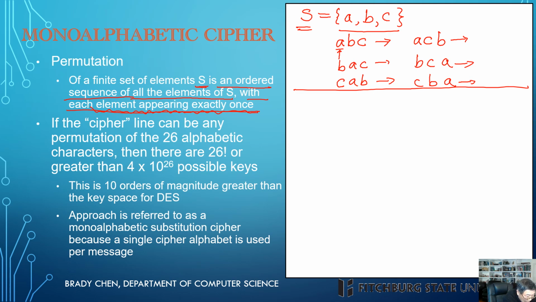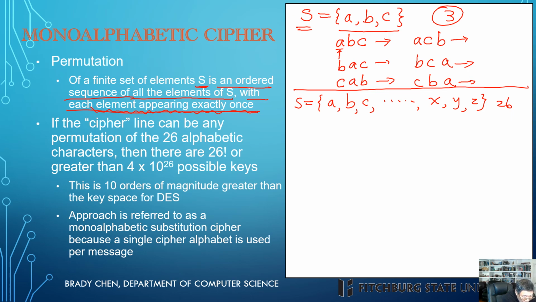Suppose in the encryption algorithm, we choose S as a sequence of the English alphabet, A, B, C, D, E, F, G, H, I, J, K, and all the way to X, Y, Z. Now in this case, the total number of elements is 26. Right here, it's 3.